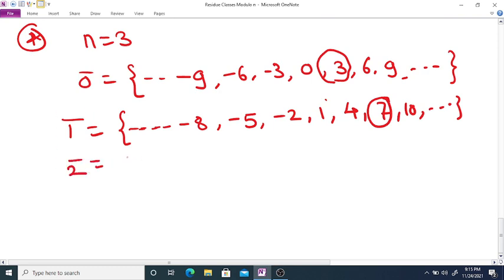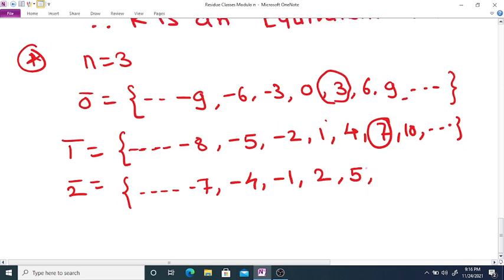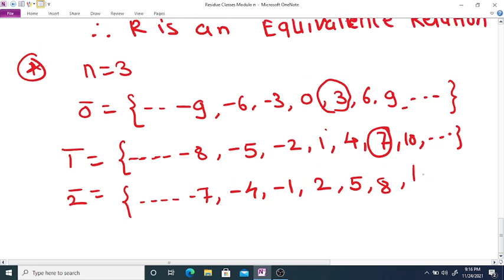Similarly, 2 bar is equal to minus 7, then minus 4, minus 1, then 2, 5, next 8, and 11.